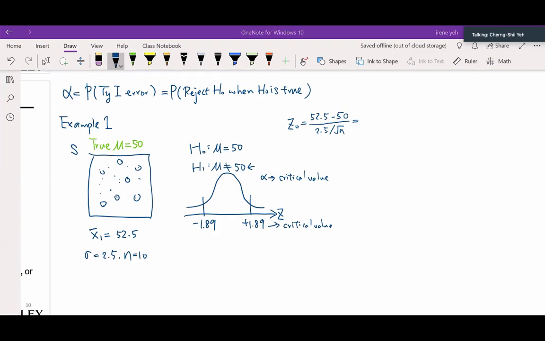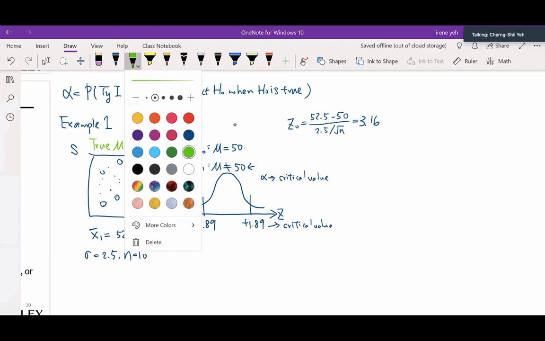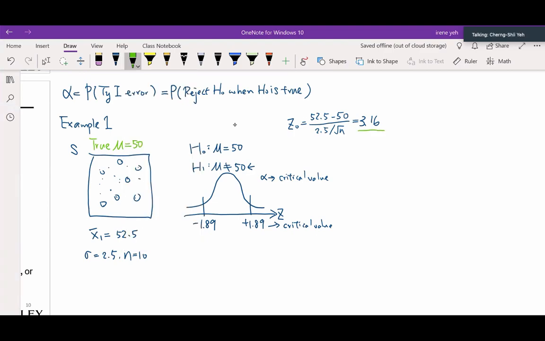So my sample average, 52.5, subtract 50, gives 3.16. So where is my 3.16? This is my 3.16. It is on the far right.